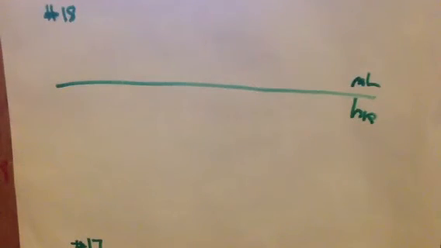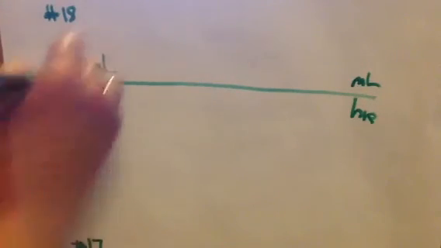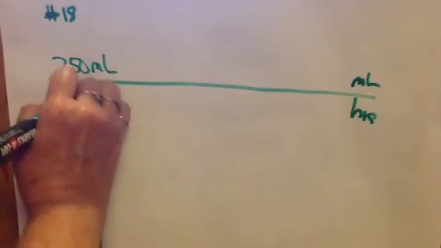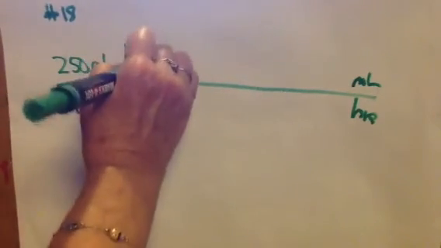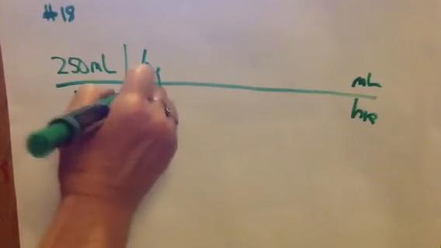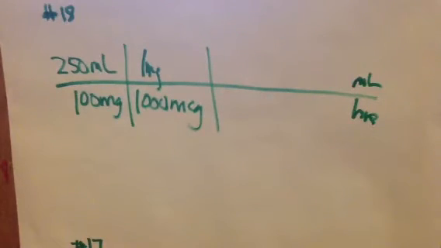And we know from our problem that we have 250 mils that contains 100 milligrams. We have 1 milligram equal to 1,000 micrograms. Our order's in micrograms, so we have to do a conversion.